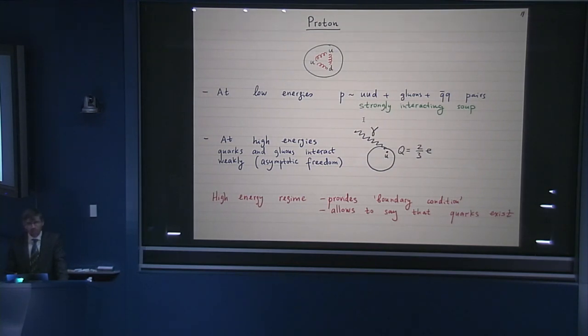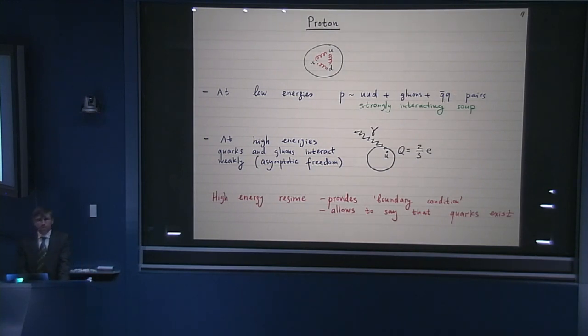If you just take a proton at rest, or as we say, at low energies, then in fact the proton is not just made of 3 quarks, but it contains a soup of other particles, gluons, and virtual quark-antiquark pairs, which pop out of the vacuum and go back to the vacuum.